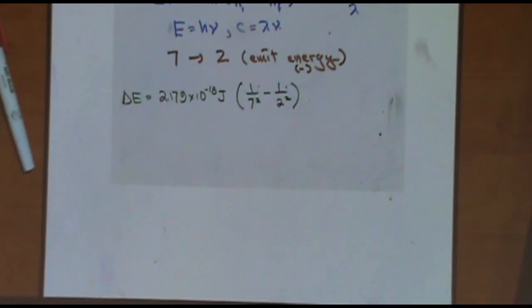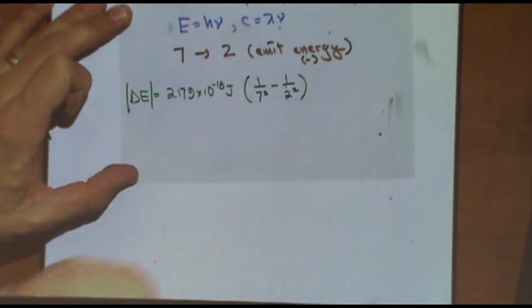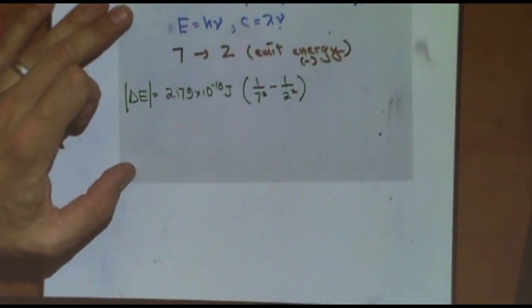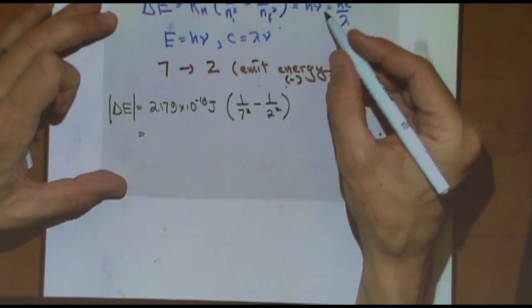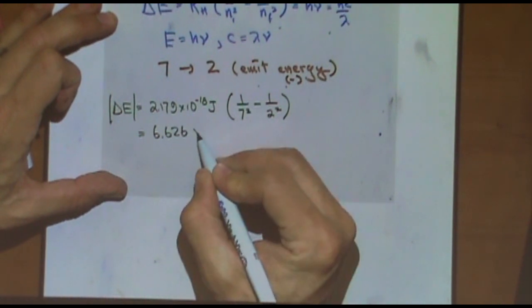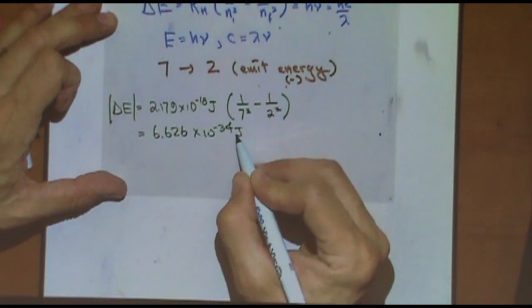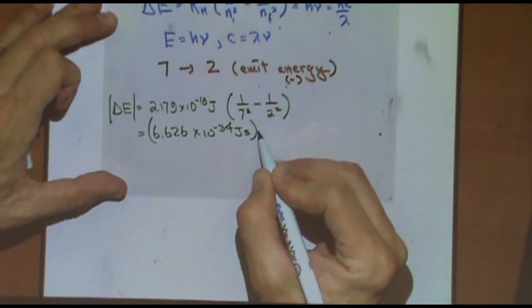That's good. If you needed to convert this to another unit, another variable, you could. You'd want to take the absolute value of the answer to make it positive. And then you could use the first formula there on the top right of the screen, h nu. H on the back of the test is 6.626 times 10 to the minus 34 joule seconds times nu.